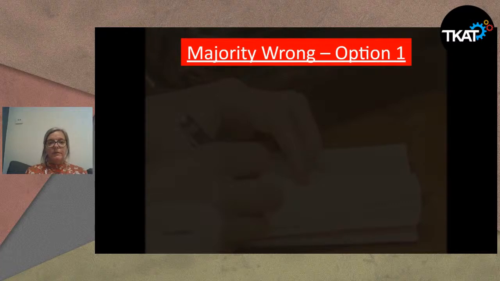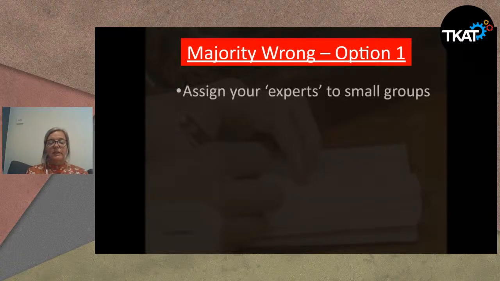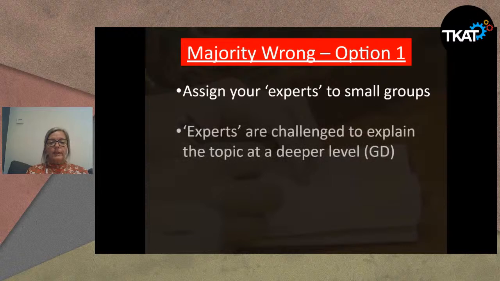It could be after you've created your multiple choice quiz that the majority of your class get the answer wrong. Well, if this was in your classroom, you would assign maybe your few experts to smaller groups or get them to explain the topic at a deeper level, showing their greater depth.